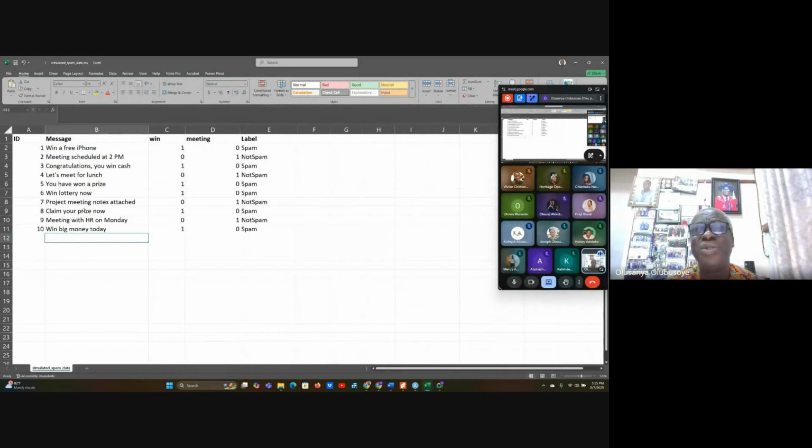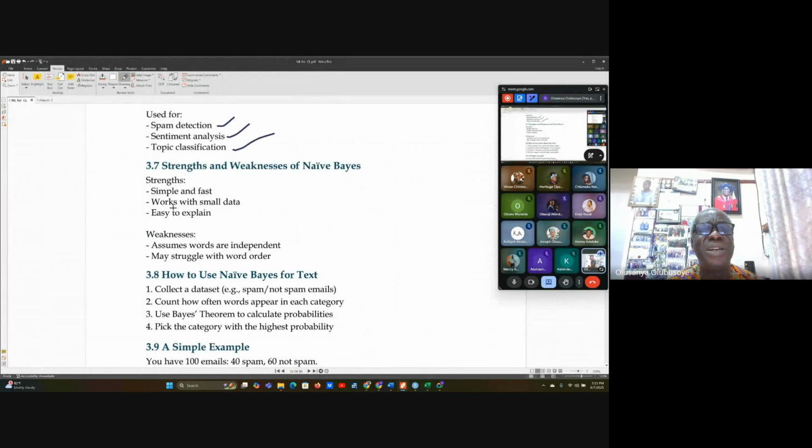When you form your sentences, the words are conditional. The next word will depend on the previous word. This is why it is a weakness, because the assumption appears not to be realistic.